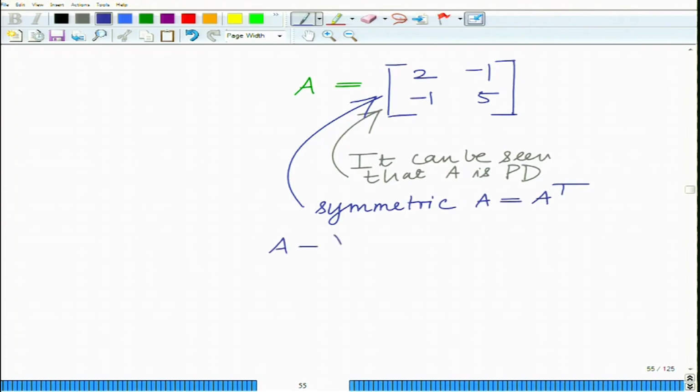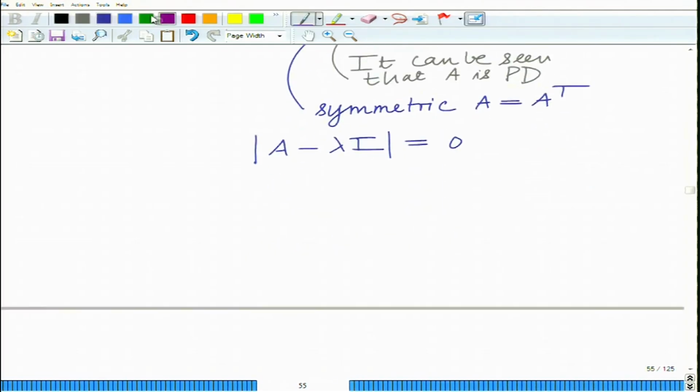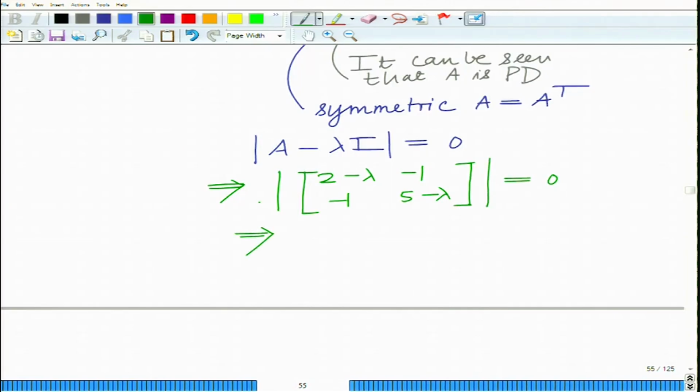Further, if you look at the eigenvalues, that is, if you set the determinant of A minus lambda I equal to 0, then you have the determinant of 2 minus lambda, minus 1, minus 1, 5 minus lambda equal to 0. This implies 2 minus lambda into 5 minus lambda minus 1 equal to 0.